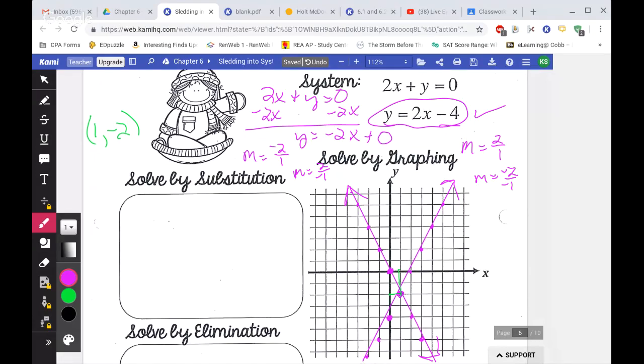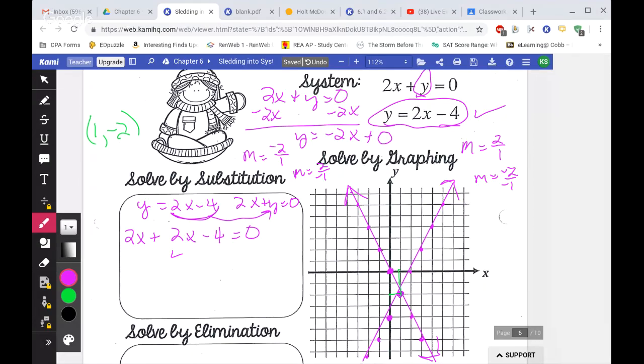Then I'm going to take this piece of it, since y equals that, and wherever there's a y in the second equation, I'm going to substitute it in for the variable.